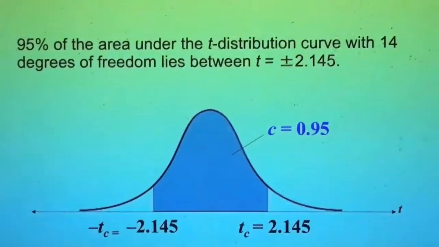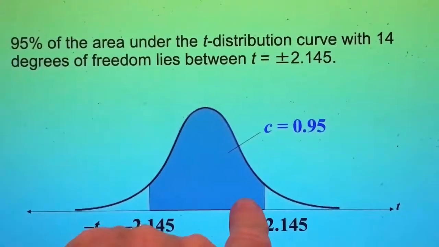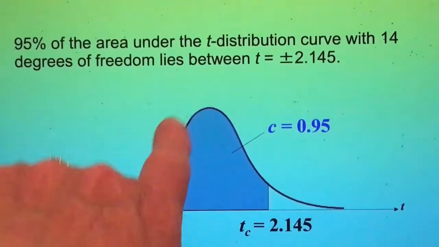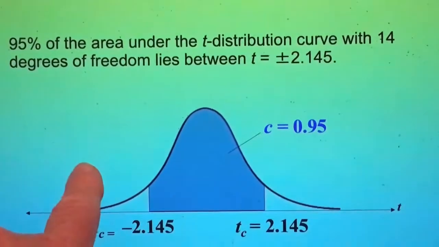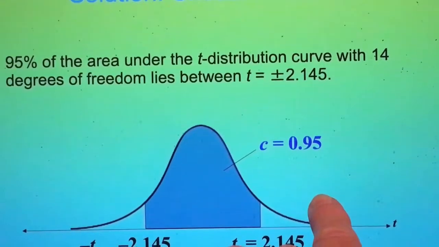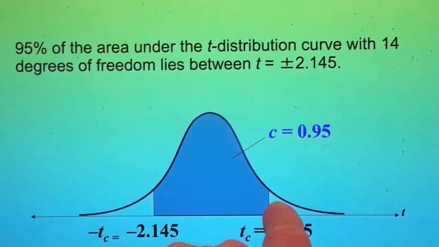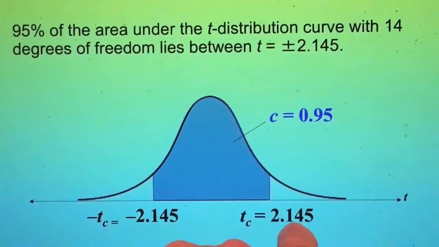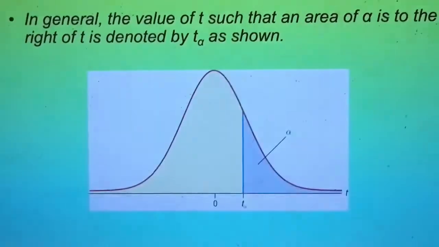All right, so on this one, a 95% confidence level means that we have 95% of the area, or 0.95 under here, which means that we have only 5% to split here and here, which means we have 0.025 in this tail. So 0.025 is going to go with the t sub c of 2.145, just like we looked at on the chart.